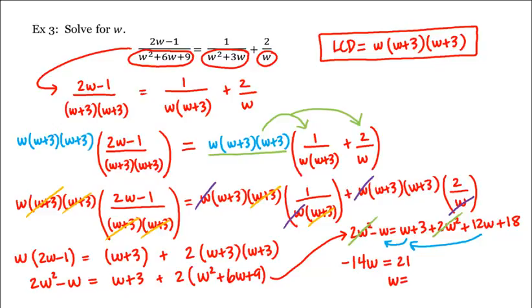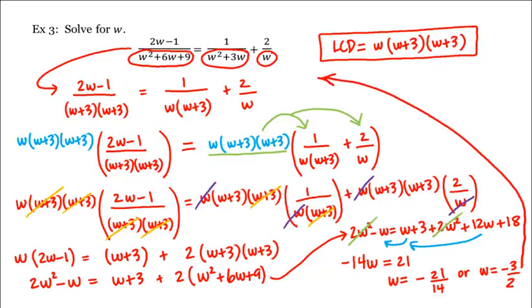So w is equal to negative 21 divided by 14, or negative 3/2. But remember, we have to check and make sure that this does not make our denominators 0. And it doesn't. The only excluded values would be w equal to 0 or negative 3. So this is our answer then. w is equal to negative 3/2.